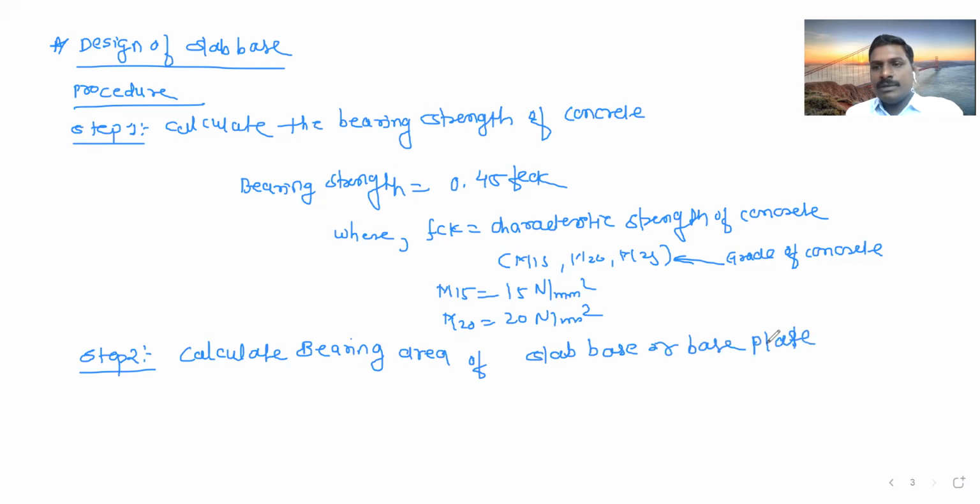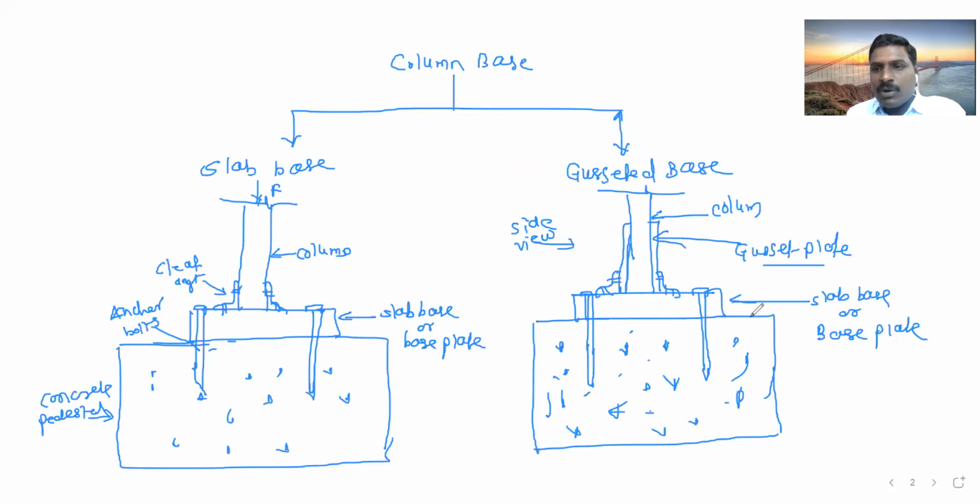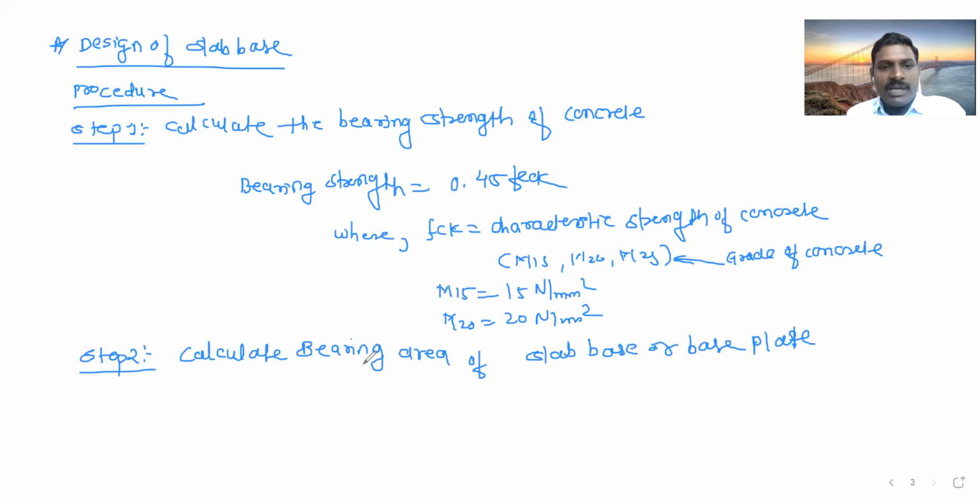See, initially we have calculated the strength of the concrete block, which is at the bottom. At the very bottom, there is a concrete block. What is on top of it? You can see the sketches. After the concrete block, we have provided the base plate. So we are calculating the bearing area of the slab base. How much area is required for this base plate, that we have to calculate here.